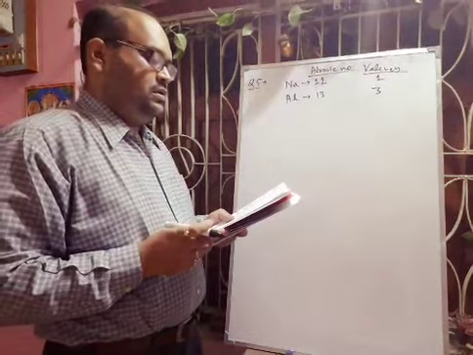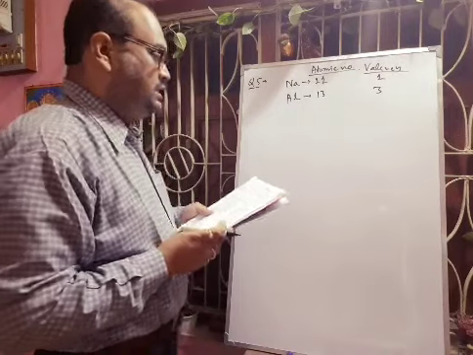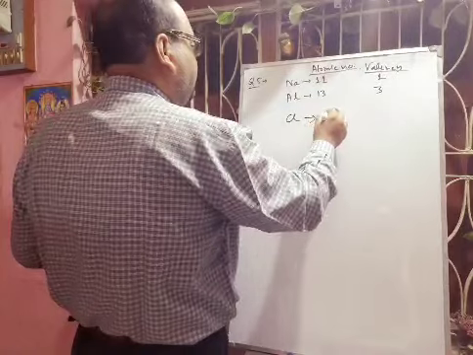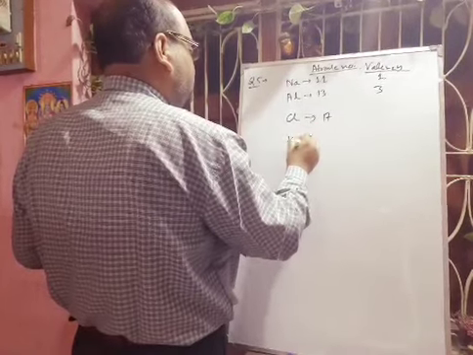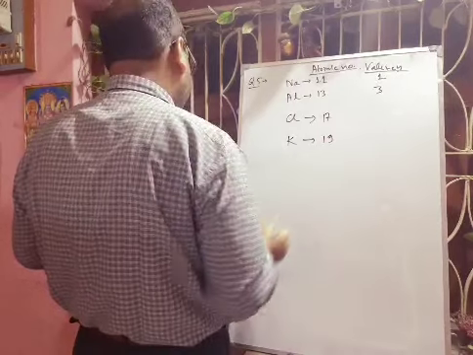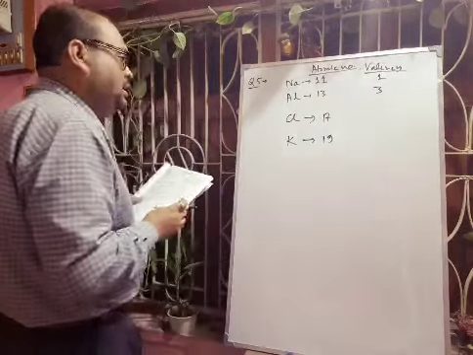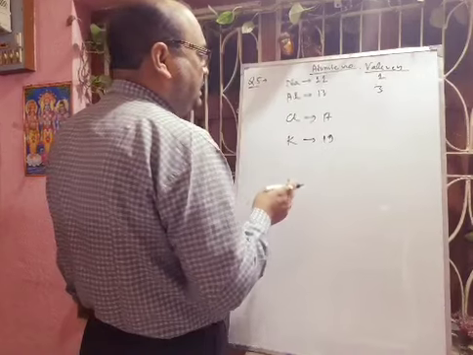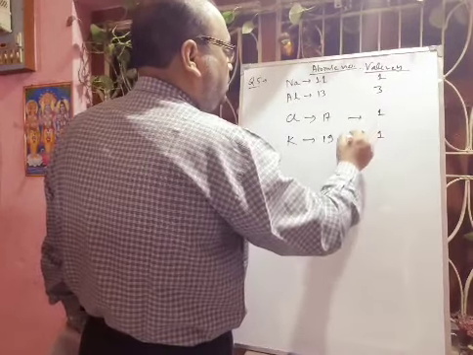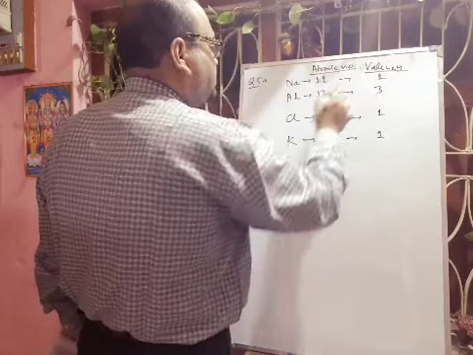Chlorine atomic number 17 and potassium atomic number is given that 19. And both have valency 1.